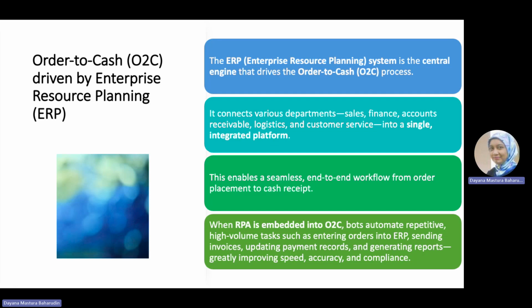Okay, so what's happening nowadays is that RPA is being embedded into the OTC function. And as usual, the bots would automate repetitive, high volume tasks such as entering orders into ERP, sending invoices, updating payment records, and generating reports, which greatly improves speed, accuracy, and compliance.